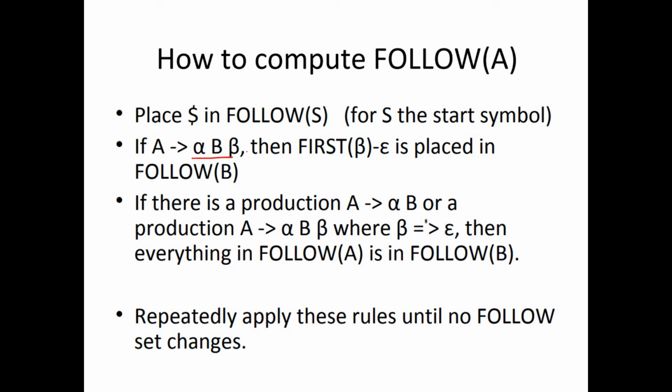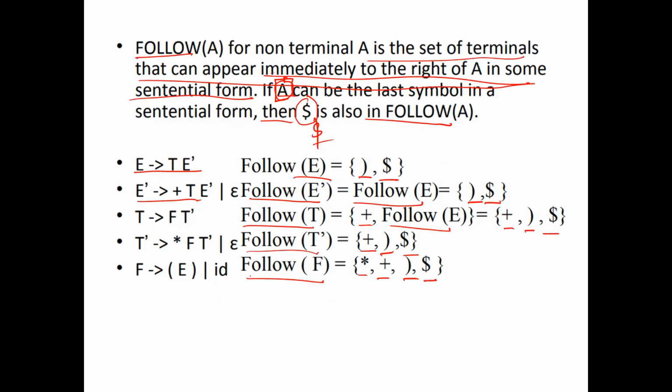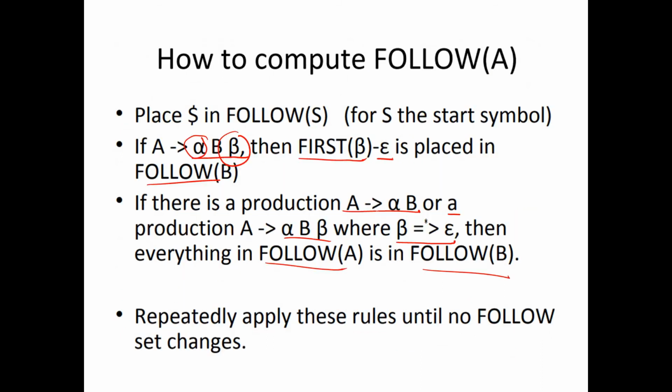If A goes to alpha B beta, then FIRST of beta minus epsilon is placed in FOLLOW of B. If there is a production A goes to alpha B, or A goes to alpha B beta where beta derives epsilon, then everything in FOLLOW of A is in FOLLOW of B. Which we said here: FOLLOW of E' contains FOLLOW of E, FOLLOW of T contains FOLLOW of E plus additionally like that. So these two are the methods which are helpful to construct the parse table.